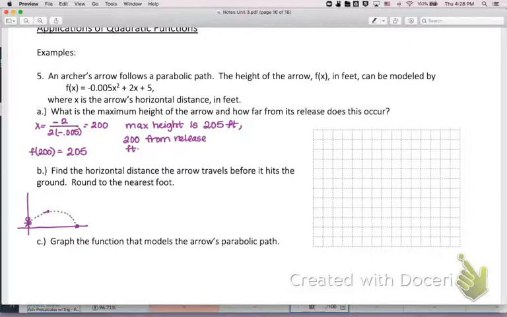This equation has weird numbers in it, so I definitely want to use the quadratic formula. So x equals negative 2 plus or minus the square root of b squared, so that's 4, minus 4 times negative 0.005 times 5, all over 2 times negative 0.005.